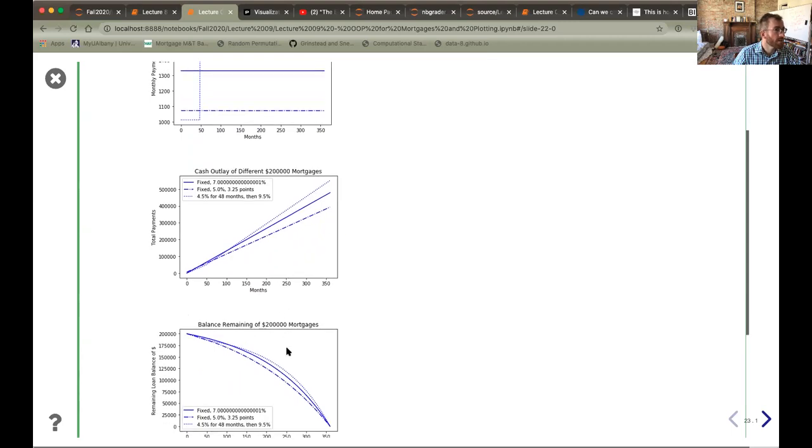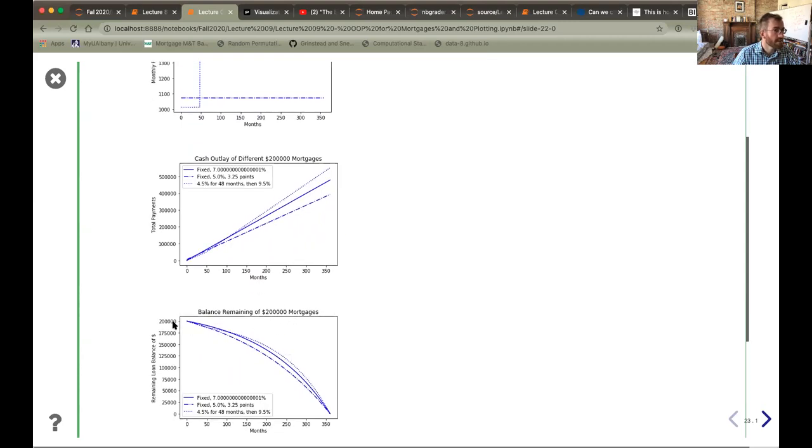All right, so now we've got our balance. So this is the really depressing thing about having a house. For the first several years, you essentially have still a lot left on your loan. And the reason for that is that you're essentially paying off interest from the future now without actually paying off principal.